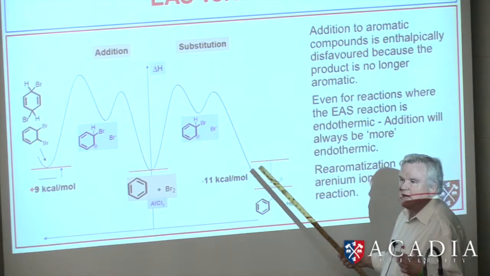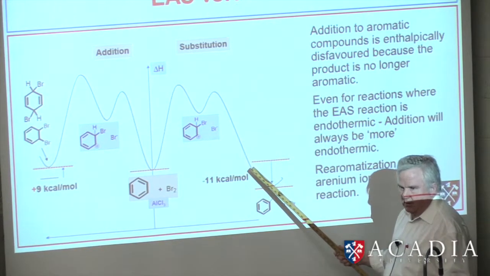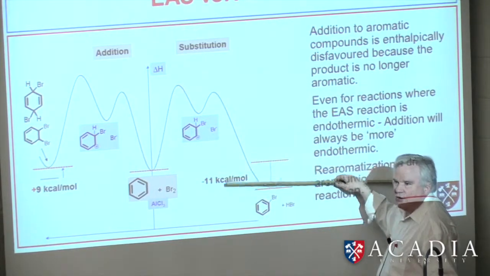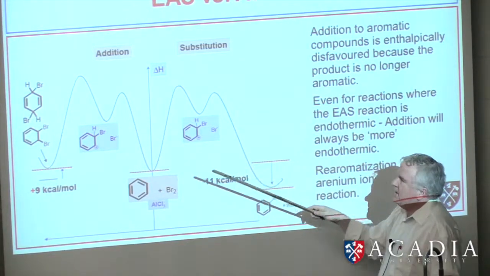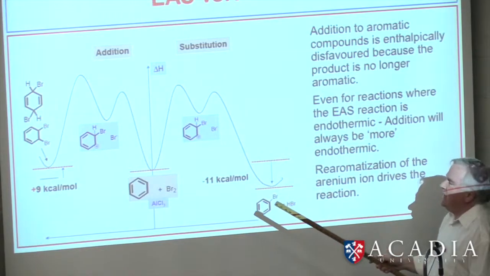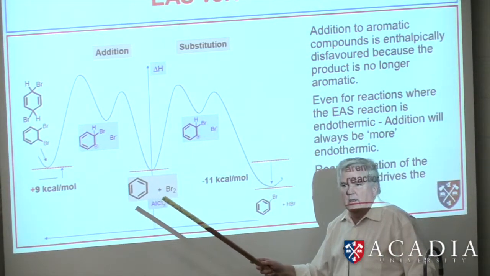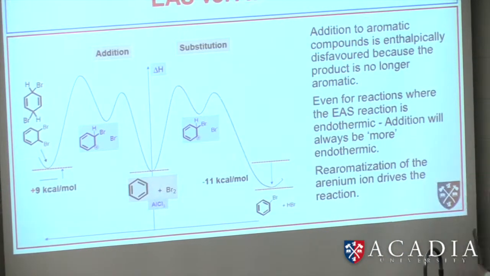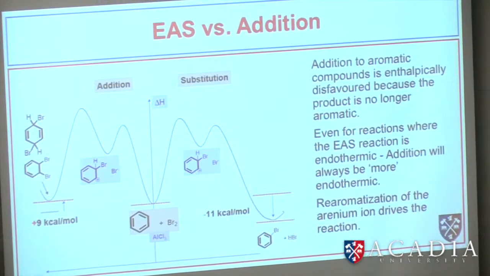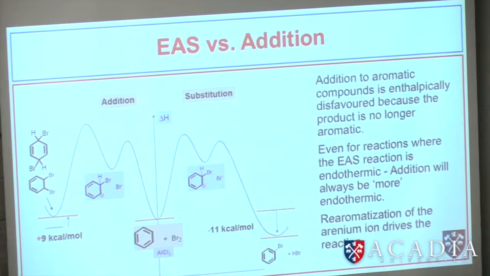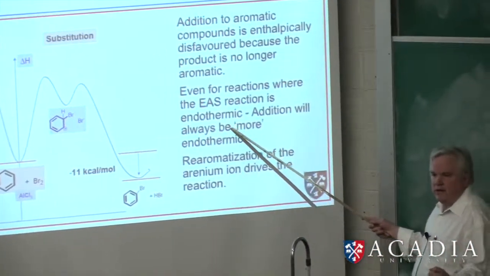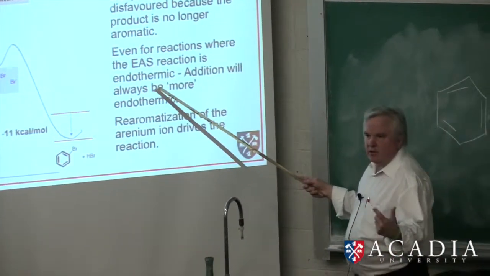This reaction is enthalpically driven because we prefer to form the exothermic product. We have to put energy in the other way. And the addition will always be higher in energy than the substitution product. The reason for this is because in the addition reaction, we do not reform the aromatic ring.